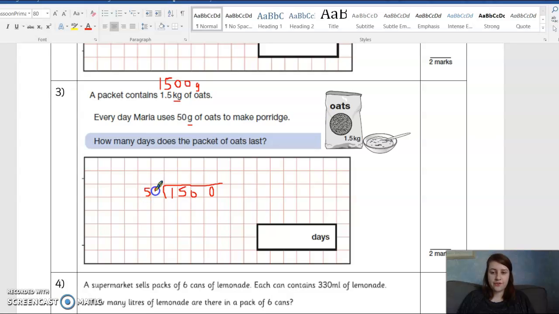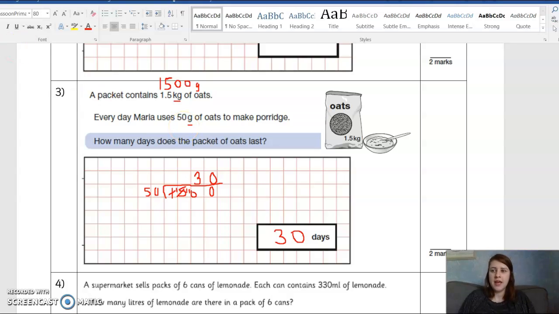So she takes 50 out every day. So now I need to do this as a sum, this division. So I've got 50 into 1, you can't do. 50 into 15, you can't do. 50 into 150, so you've got 3. 50 into nothing is nothing. So it will last her 30 days if she takes 50 grams of oats each day.